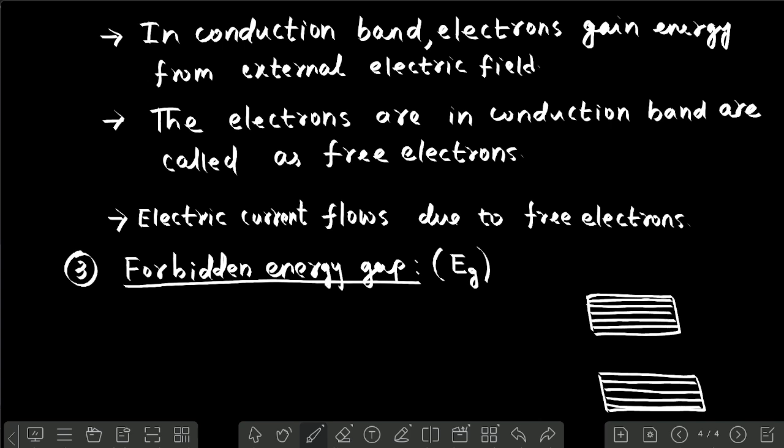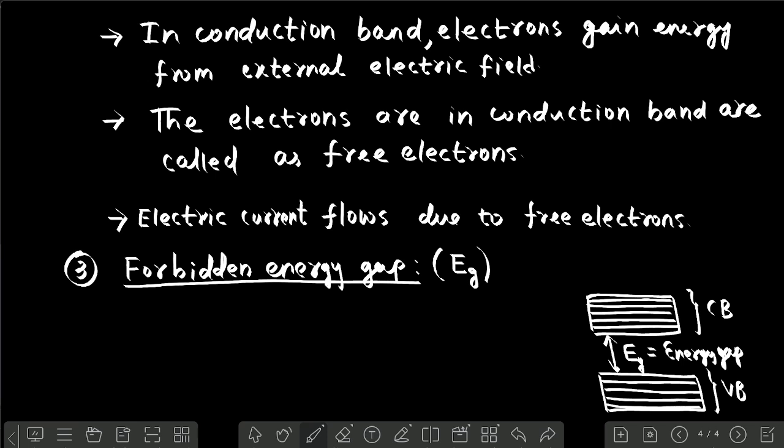So this is your CB, meaning conduction band. This is your VB, meaning valence band. Now the remaining space, this gap, this is called Eg. This is your energy gap, or forbidden energy gap.